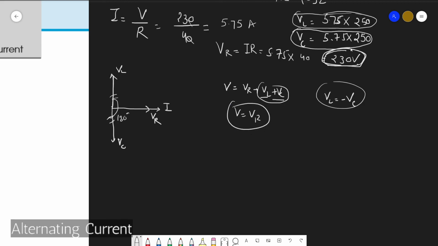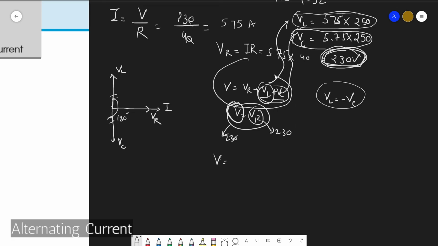That is why we get the voltage VR as 230 volt, which was equal to the supply voltage 230 volt. And these two voltages are equal and opposite. So we have proved that the total sum of voltages in a resonant condition, when we consider VL plus VC, is 0. You can see this phasor diagram.